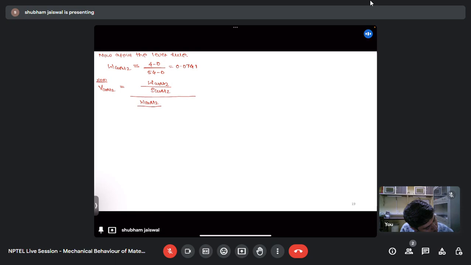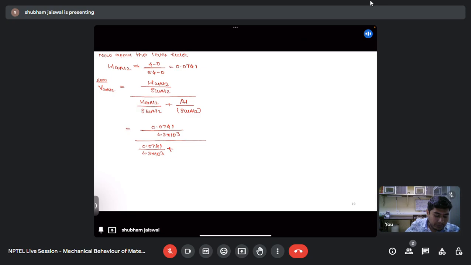That is WCuAl2 over rho CuAl2 plus WAl over rho Al. So if I put this value, it is 0.0741 divided by 4.3 into 10 to the power 3, whole divided by 0.0741 divided by 4.3 into 10 to the power 3 plus.